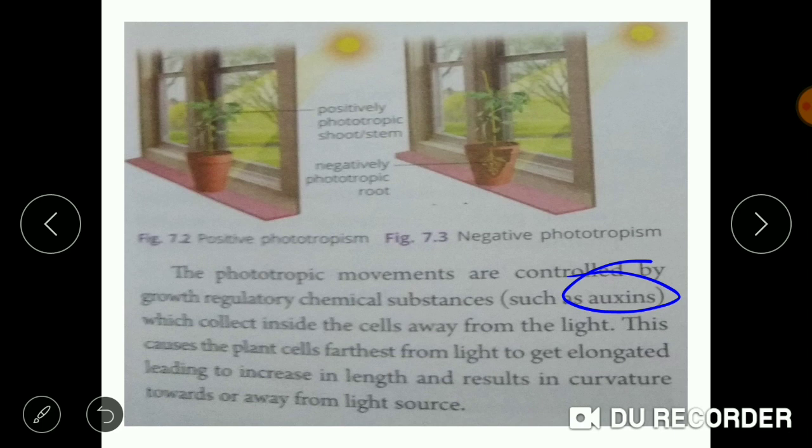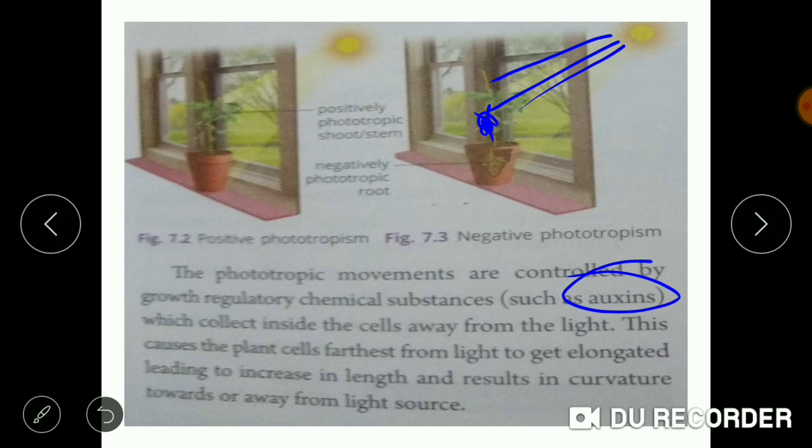Now see, if the light is coming from here, then the auxin accumulates more. Auxin, the plant hormone, starts accumulating more on the part where the light is coming the least. If the light is coming the least on this part of the plant, the auxin concentration will increase here.